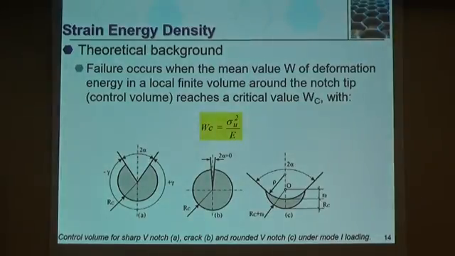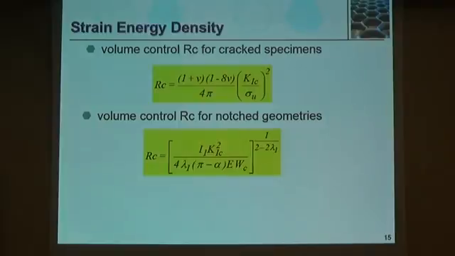We have our notched specimens and our cracked specimens. Basically, we were looking to find this average in a control volume, and we used the formulas from the literature for determining the control volume for the cracked specimens and the notch geometry.